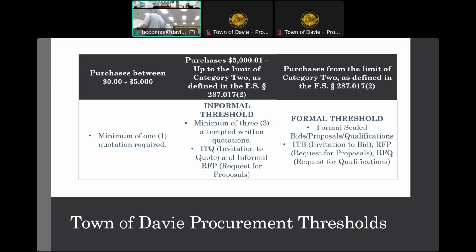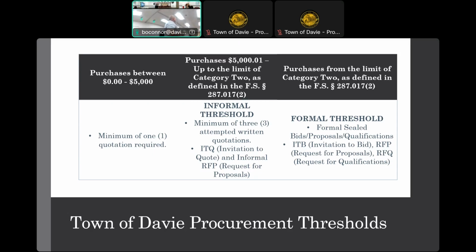Okay, so it's a little bit different because you're in a different category under that statute, 287.055, the Florida statute. So you are actually not subject to informals. But when we go to a formal process with architects and engineers, we have to follow 287.055.